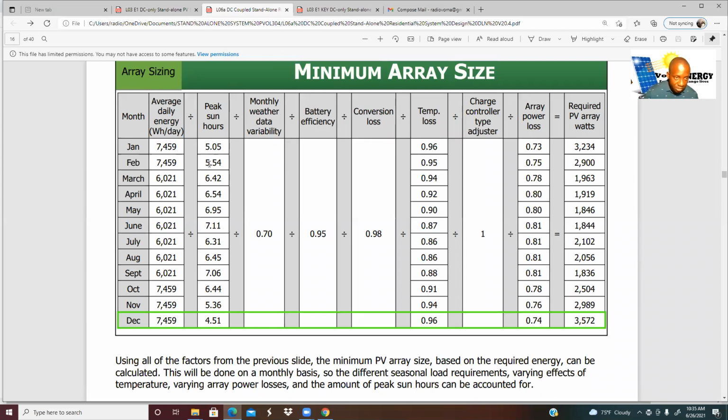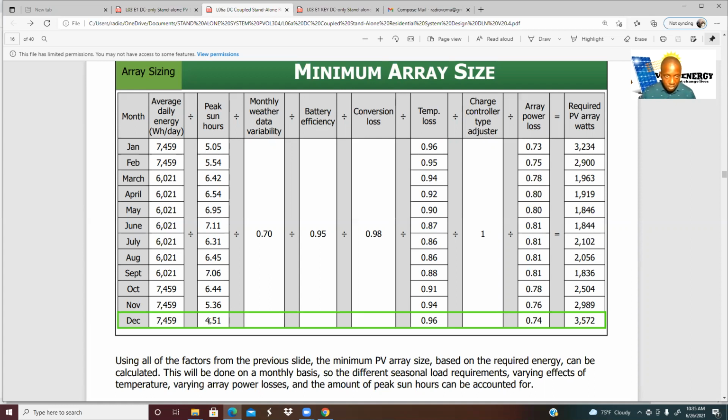The peak sun hour here is 5.7. This is the average, 4.51. Our solar energy annual is 5.71. So you see that's where they got that information from.